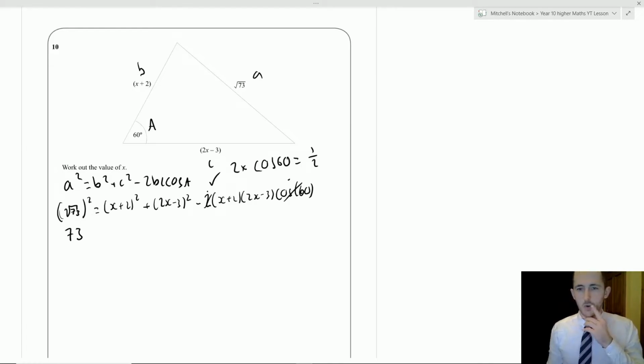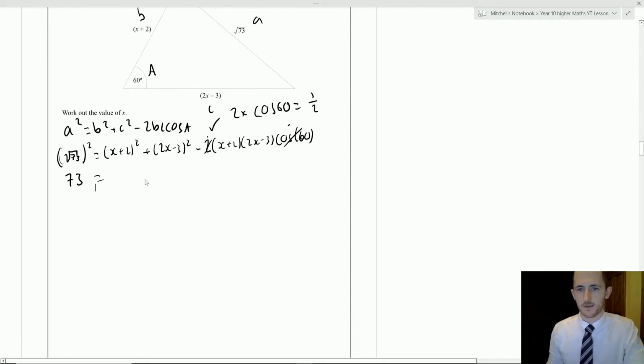Perfect. So, I can expand these brackets in my head, but given that you guys aren't near your exams yet, you probably haven't had that much practice. But if we do x plus 2 squared, let's work all of this out. So x plus 2 squared is the same as writing x plus 2 times x plus 2. Use FOIL. Do you all know what FOIL is?